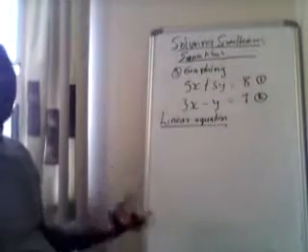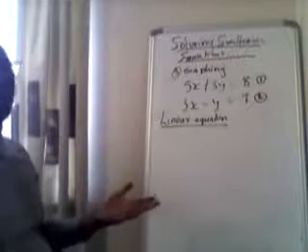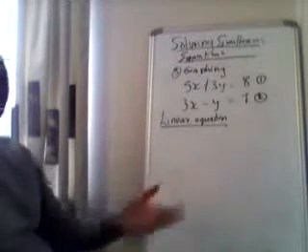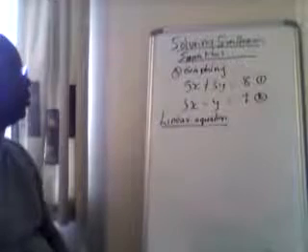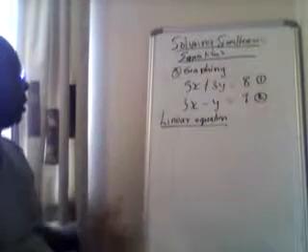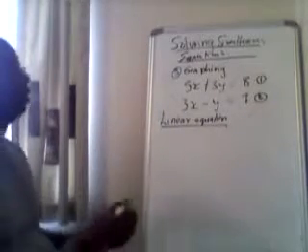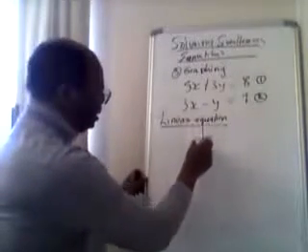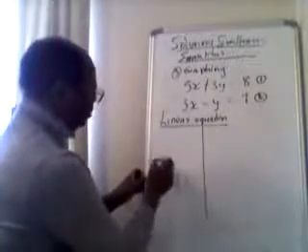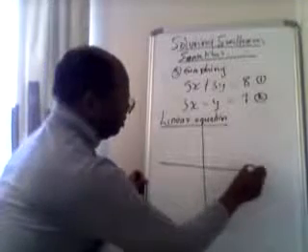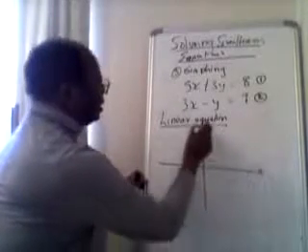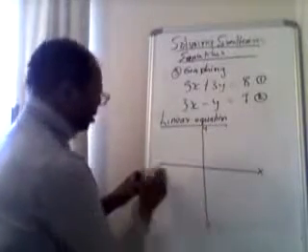Therefore, you only need 2 points for each to draw a straight line. You don't need so many points at all. So you need to find the points. This is the x-axis, this is the y-axis.